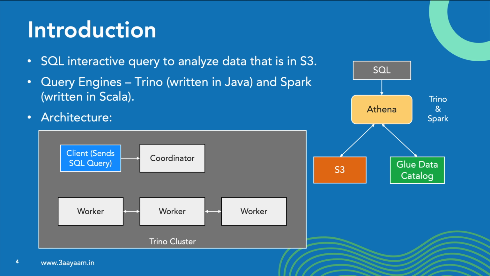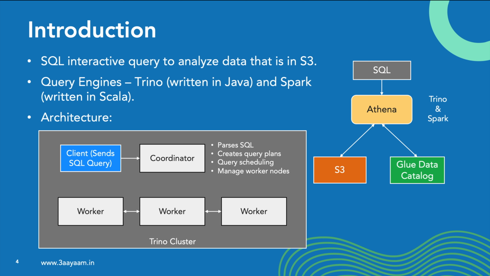The query will be sent to the coordinator, and the coordinator does a few things. For example, it parses the SQL statement that is sent by the client. Then it creates the query plans, makes sure how the query would be scheduled on the worker nodes, and it also manages the worker nodes.